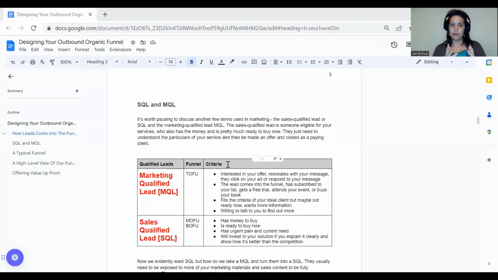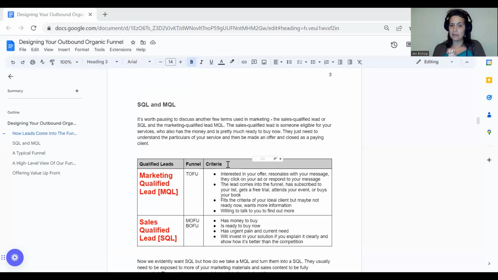Now, it's worth pausing and talking about some more jargon that is used in marketing language. There's something called a sales qualified lead, and you sometimes see it as an SQL. And there's also a marketing qualified lead, which is an MQL. Now, these are both leads and they're at slightly different stages of development. A sales qualified lead is someone who is eligible for your service.